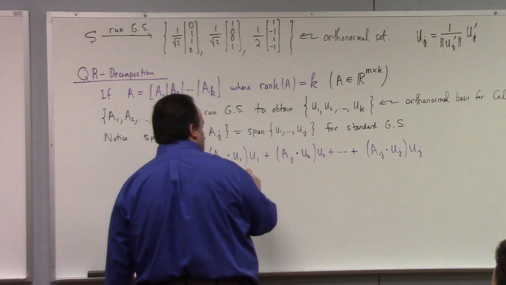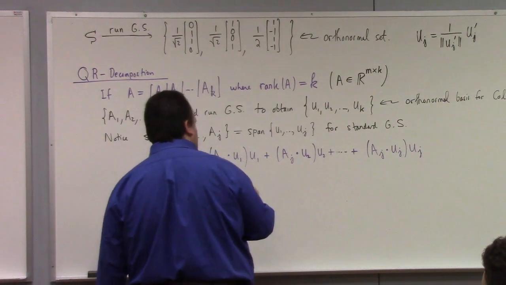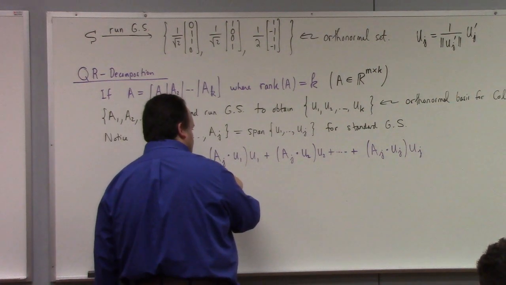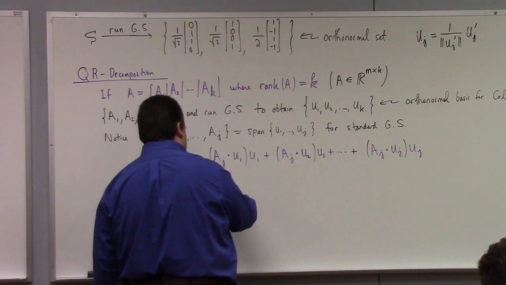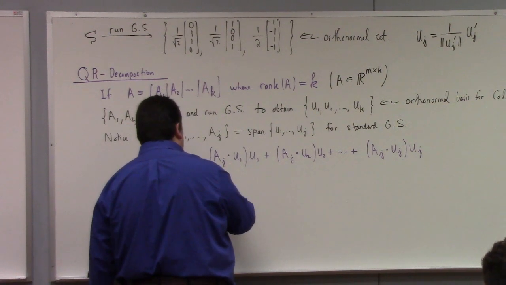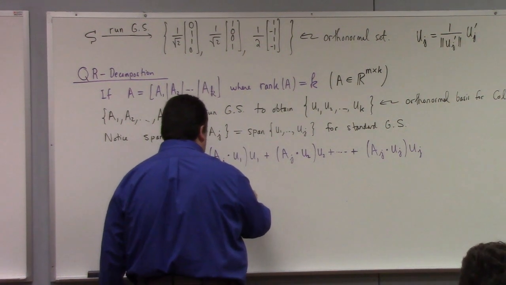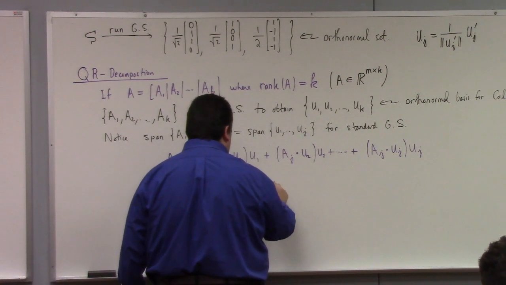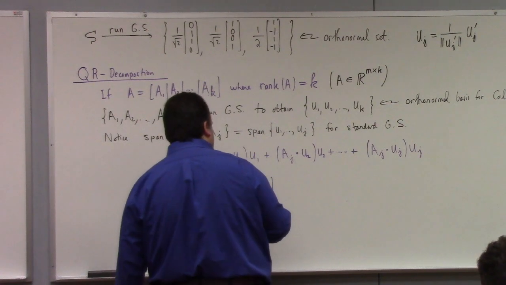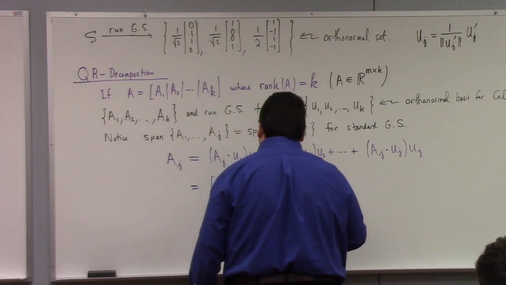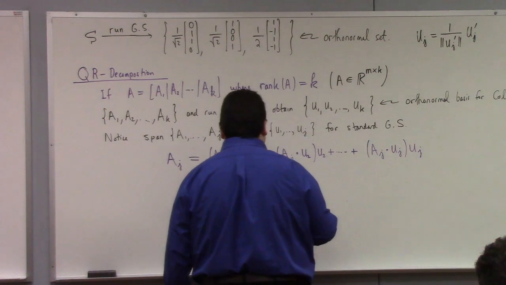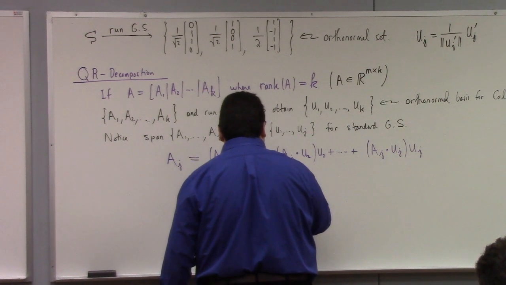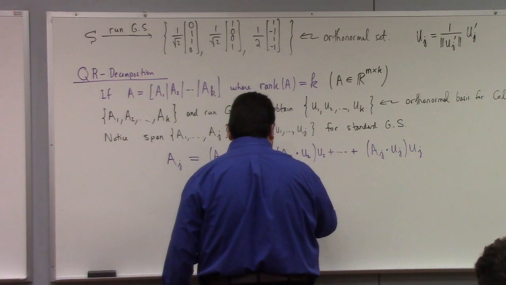If you look at this, we could also write this as u1, u2, dot dot dot, uj, and I guess we could just keep going, couldn't we? uj plus 1, all the way on out.